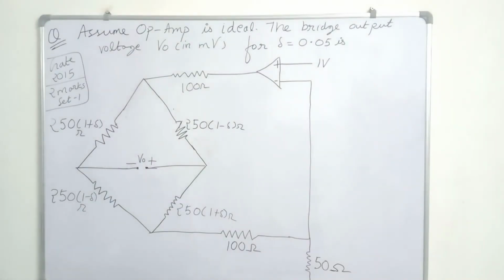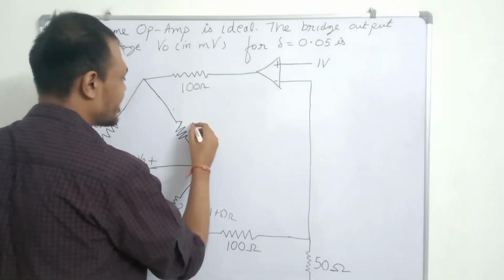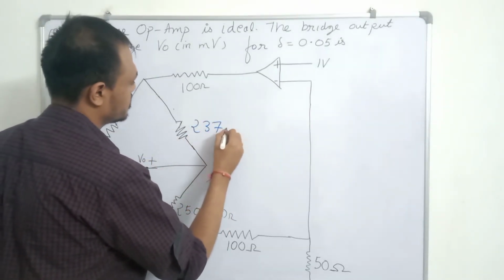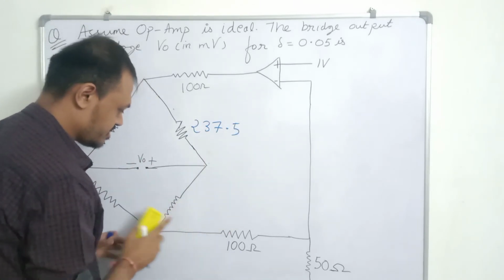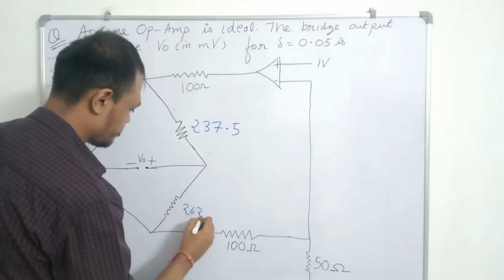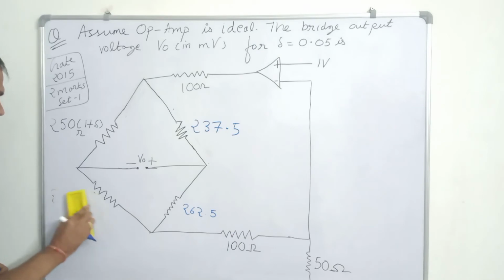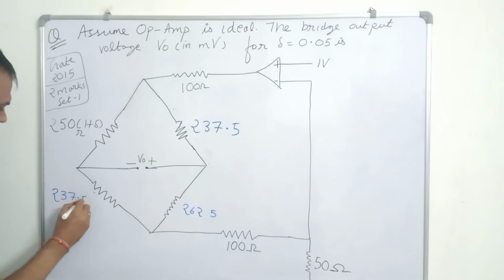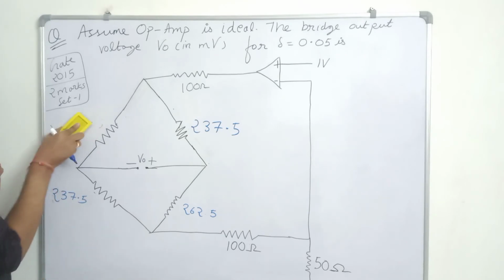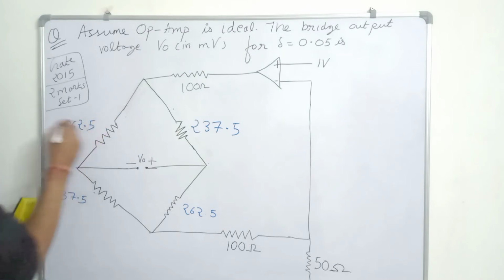If we put delta equal to 0.05, then this becomes 237.5, this becomes 262.5, this becomes 237.5, and this becomes 262.5. So these are the resistances.